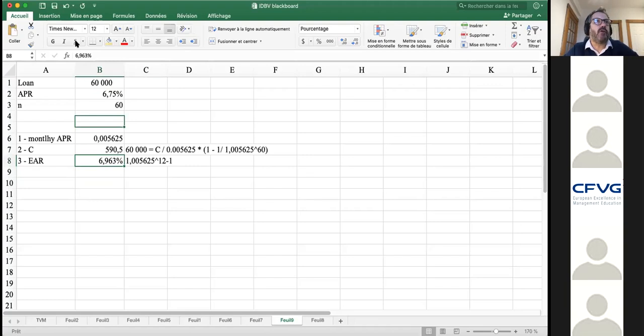So yeah, we have a loan of 30,000. The APR was provided, 6.75. It was said it's monthly compounding. So we know that we have firstly to calculate the monthly APR, which is 6.75 divided by 12. Then we can use our time value of money formula to calculate C. And then just for us to be sure about what we do, we will calculate the EAR, which is 6.963.